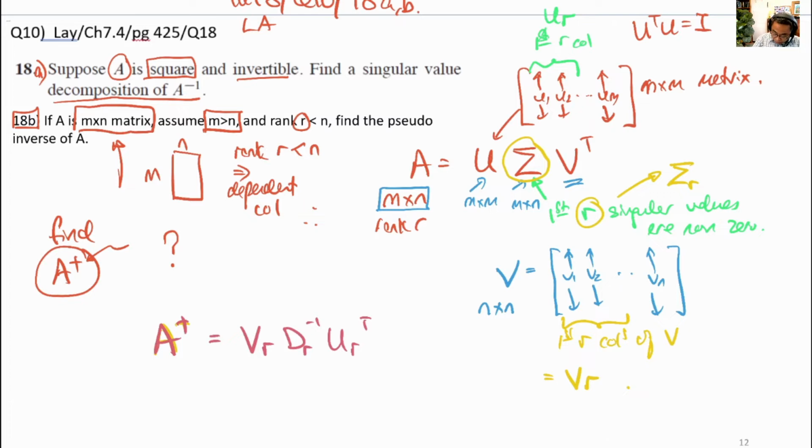The reason we're using only the r entries is because only the first r singular values are non-zero. So we are only capturing the first r singular vectors from both the left hand side and the right hand side to get the pseudo inverse. That's it. Thank you.